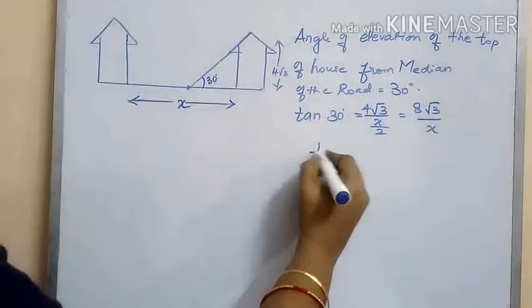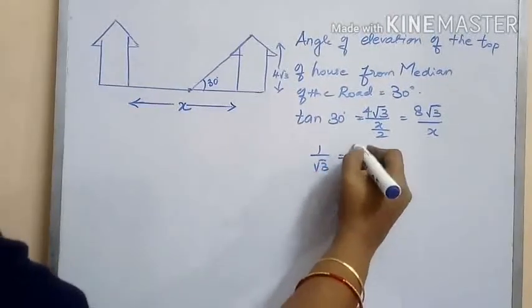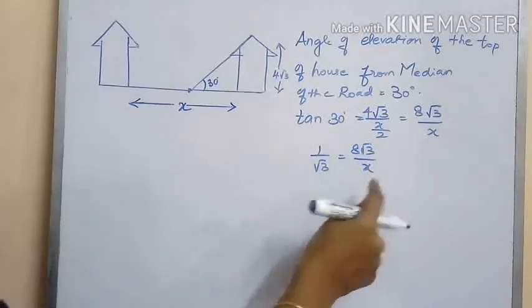So taking 2 to the numerator, which is in the denominator of denominator, we get 8√3 by x.